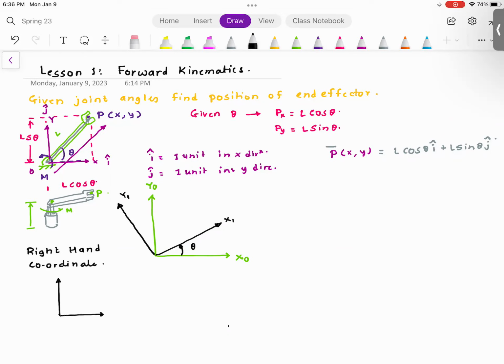So now the answer to that is something like this. So everyone agrees that this is my X, this is my Y, and this is my Z. What is positive rotation? Curl your fingers in the direction of rotation. And if your thumb is pointing towards the positive axis, whether it is positive X, positive Y, or positive Z, then that rotation is positive.